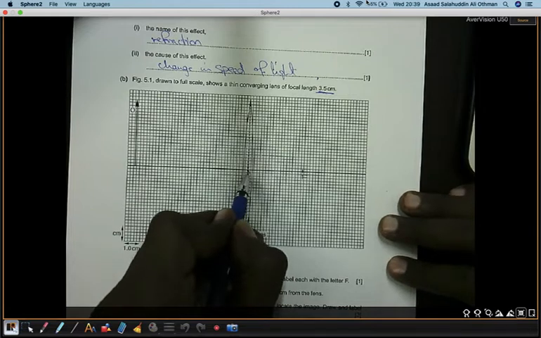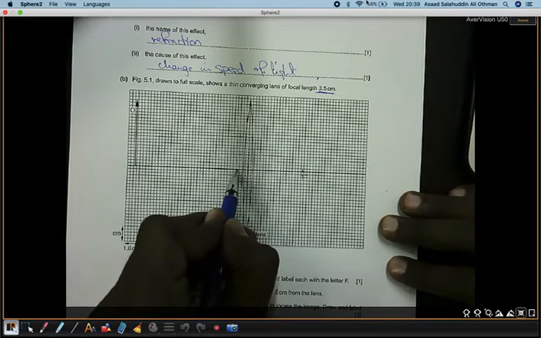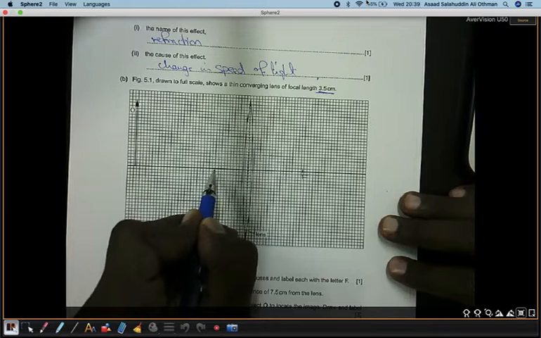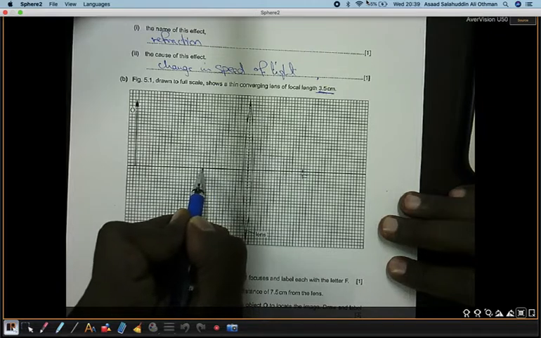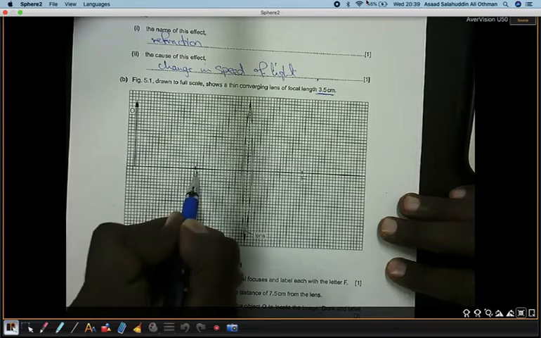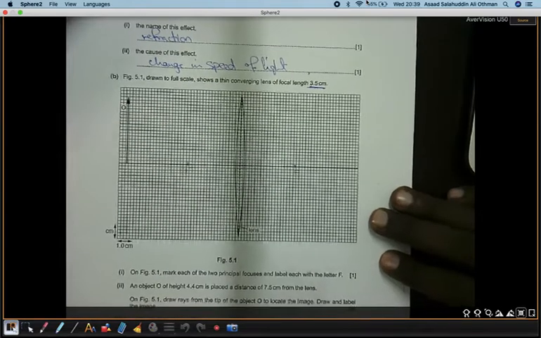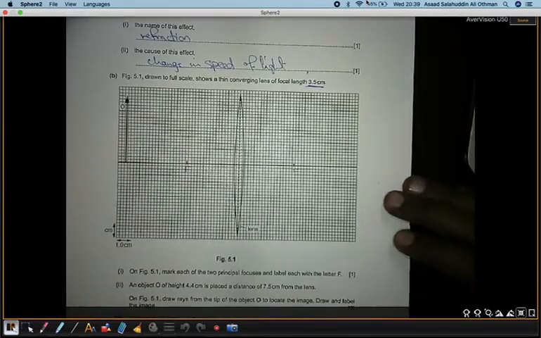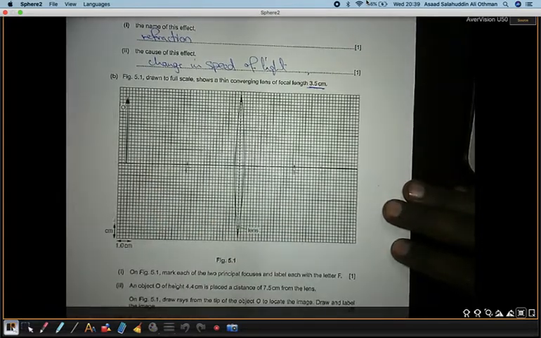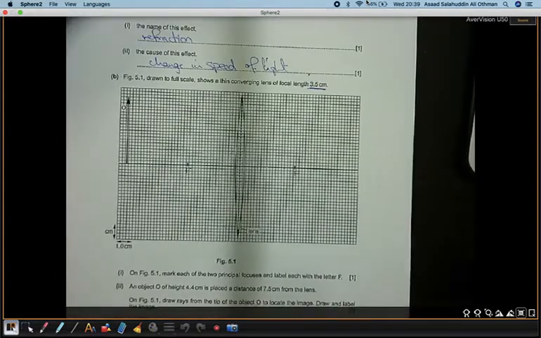Okay, so here on the other side, 3.5 is over here. So you have to mark them. And I hope that you can see clearly. So I marked 1 point here and 1 point here. So I'm going to turn it off again.